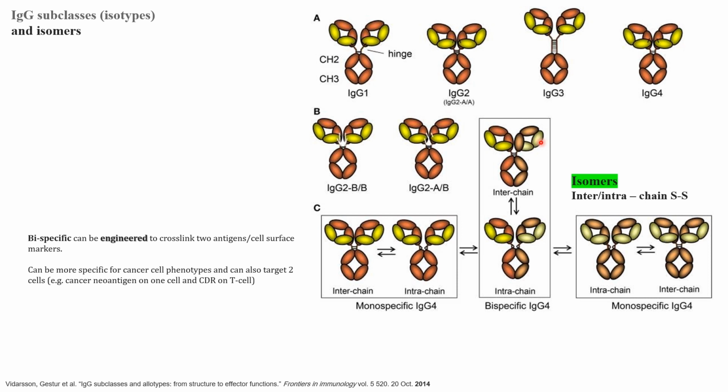And this color difference is supposed to represent the idea that this Fab fragment is recognizing something different to this Fab fragment. And the significance of that is that you can then cross-link two antigens or even two cells together. And an example of two cells is we may be looking to try and cross-link a cancer neoantigen from a tumor cell with a complementarity determining region on a T cell.